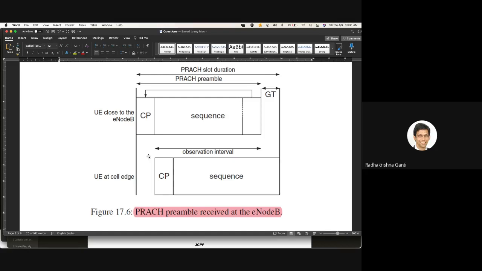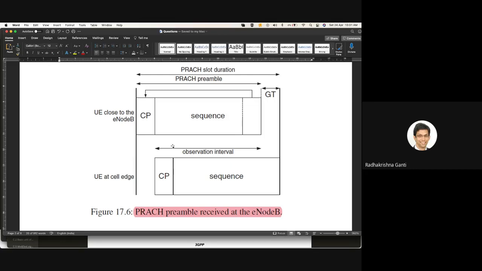Now what will happen? The base station will do correlation. Once it does, it will find that the first sequence is very, very close to the boundary, so it has no guard time and no timing advance is required. Whereas when the base station does the correlation here, we will observe that the sequence started only at this point.